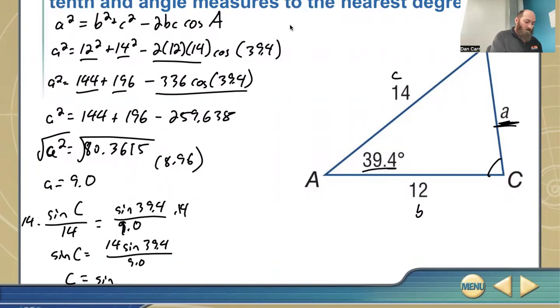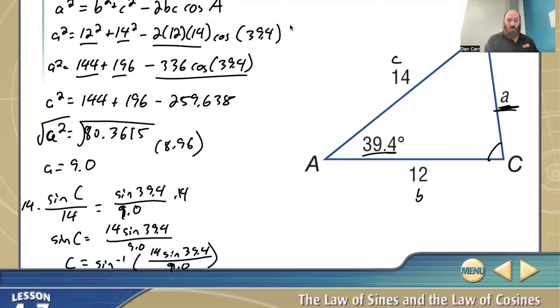So that means C is equal to the inverse sine of all of this. I like to have it set up here. This is what I write down, and then this is what goes in my calculator. Again, this is going to come from this number here. I don't want to round off that number because I want to be as accurate as possible.